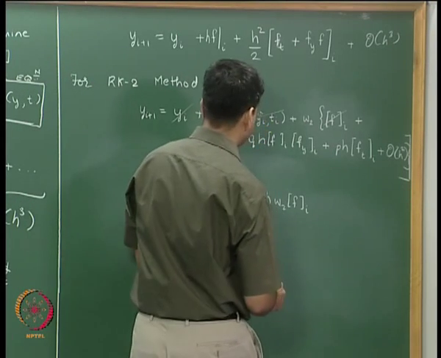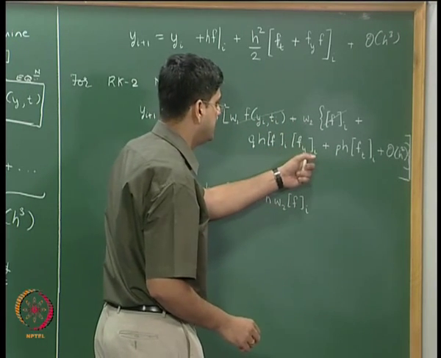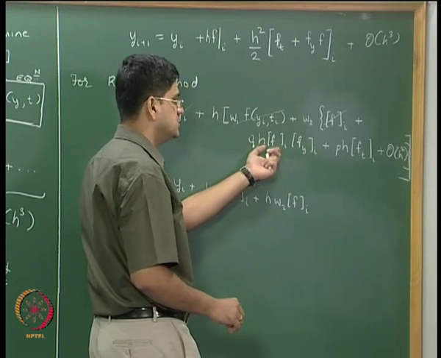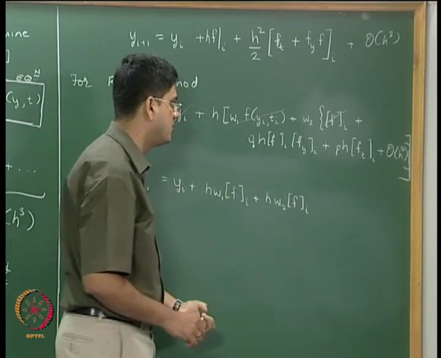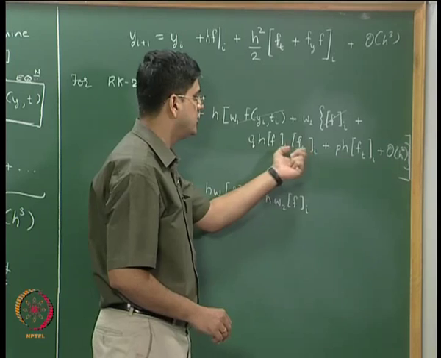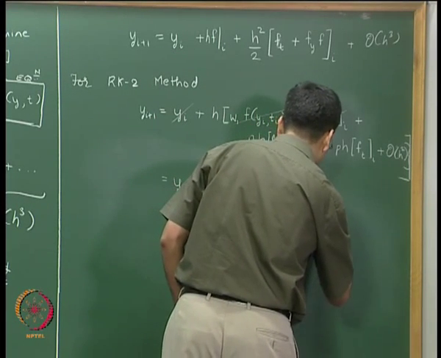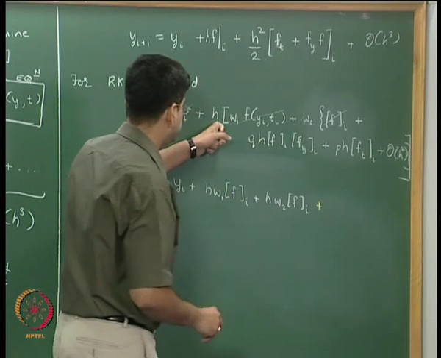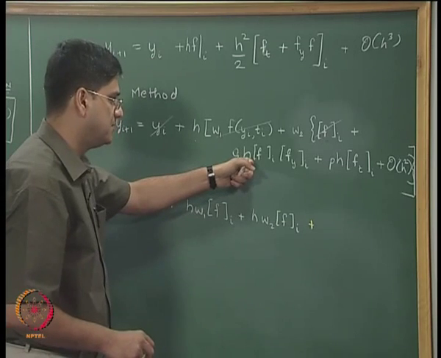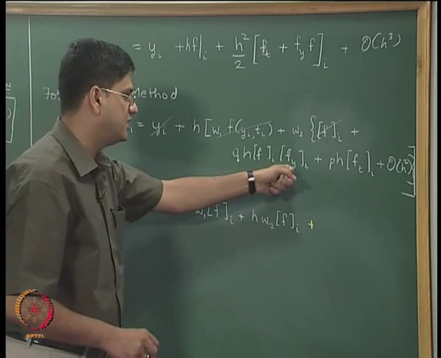Then I will collect the terms in f_i multiplied by f_y_i, that means function f computed at (y_i, t_i) multiplied by ∂f/∂y computed at (y_i, t_i), and I will write that with yellow chalk. So this is h multiplied by q multiplied by h multiplied by f multiplied by f_y.